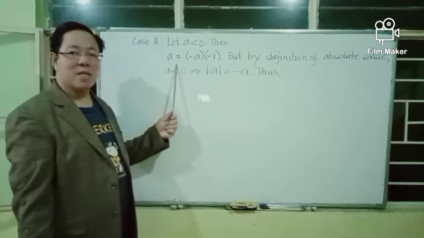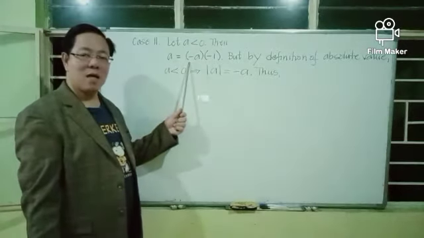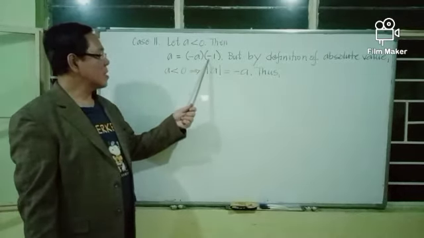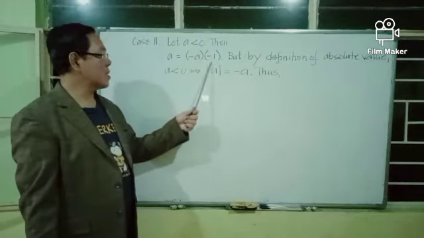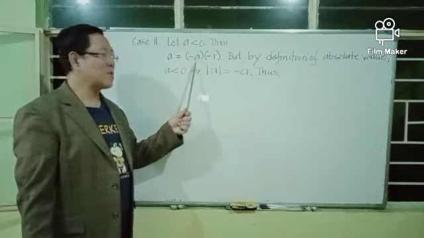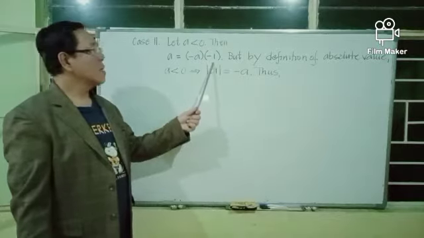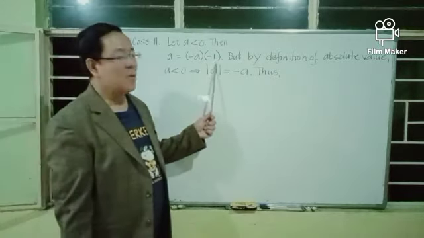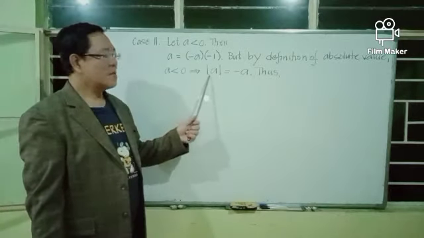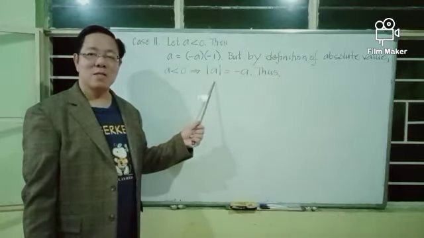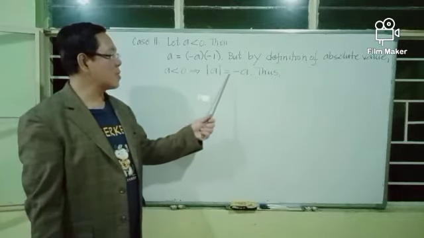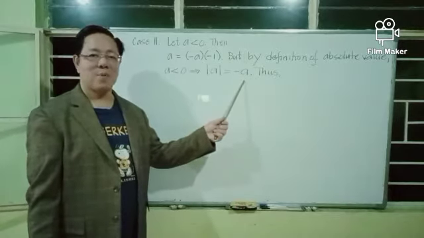Then a can be written as minus (minus a). We write a as minus a multiplied by negative 1. Negative times negative is positive, 1 times a is a. Therefore, a is equal to negative a multiplied by negative 1. But by the definition of absolute value, if a is a negative integer, the absolute value of a negative number is equal to the negative of the negative number.